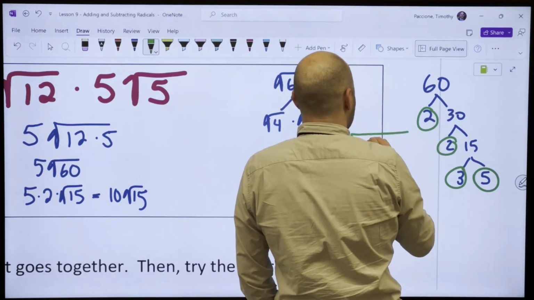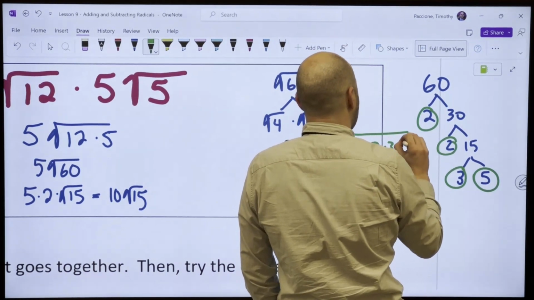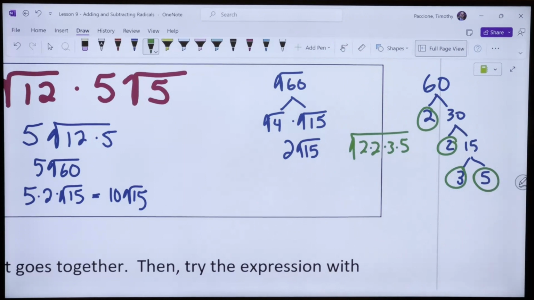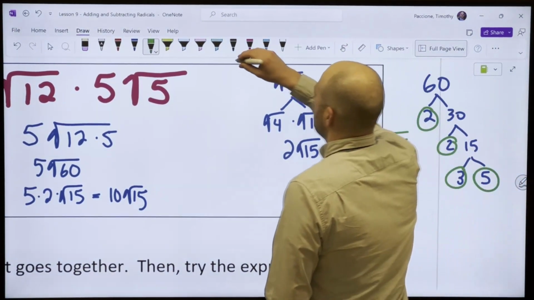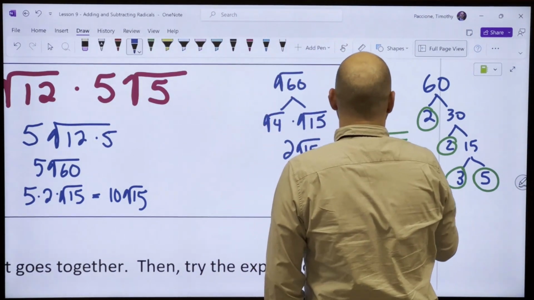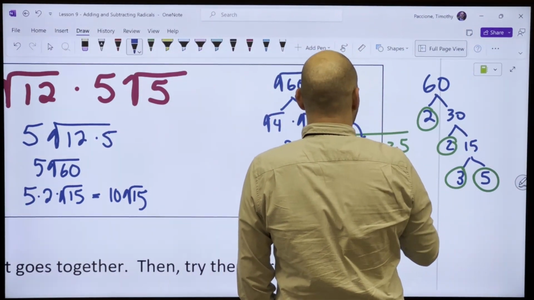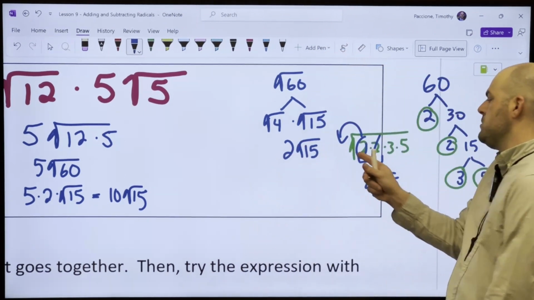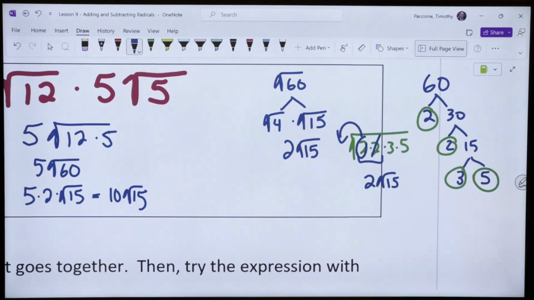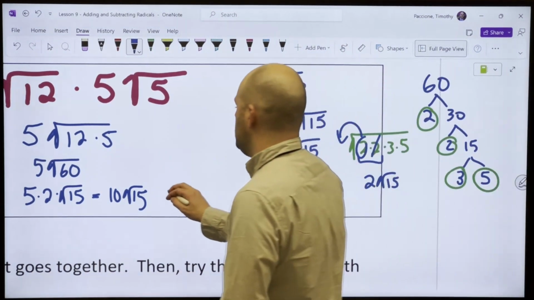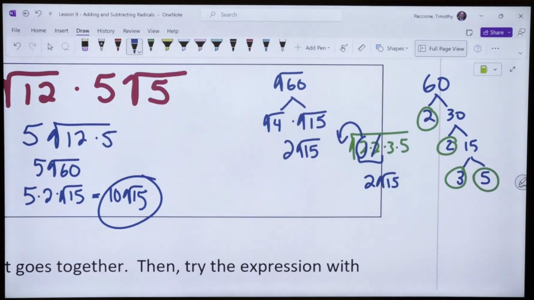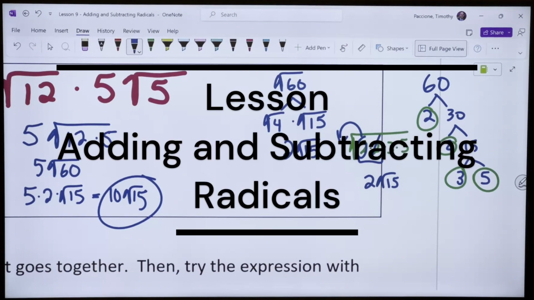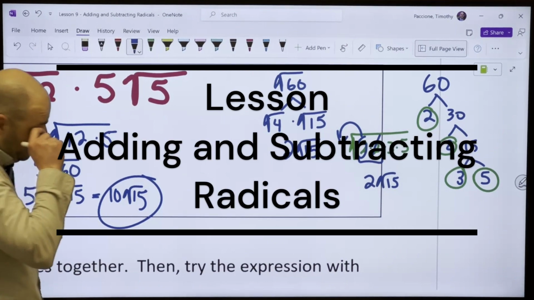Square root of 2 times 3 times 5, and I look for pairs because a group of 2 is what I would need for a square root, right? So in this group of 2, 1 would come out, 1 would go away, and I'd have 2 square root of 15. Same thing, 2 square root of 15, right? Plug that back in, and then we end up with 10 square root of 15. Okay? So those are all the skills that we talked about with multiplying with the product, okay?